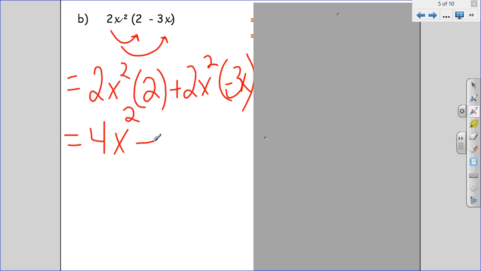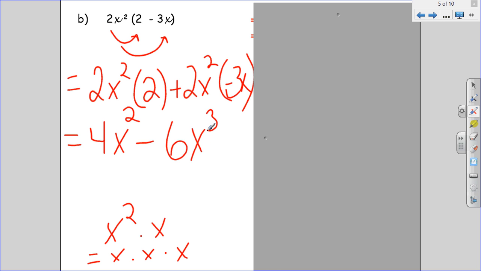Positive 2 times negative 3 is negative 6, but I have x squared times x, and that's interesting. What does that mean? X squared times x means x squared is x times x times x. So it means x multiplied by itself 3 times. So we're just using our knowledge of expanded form to help us simplify powers.